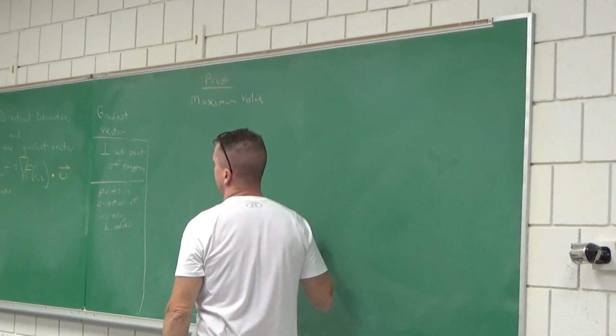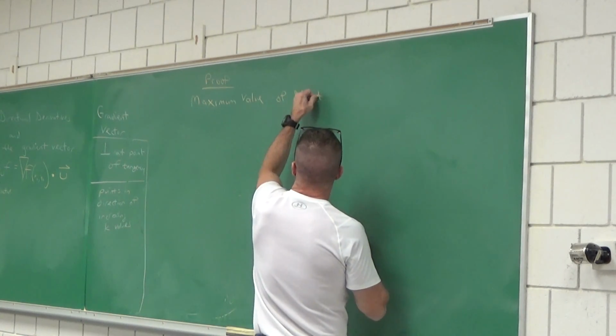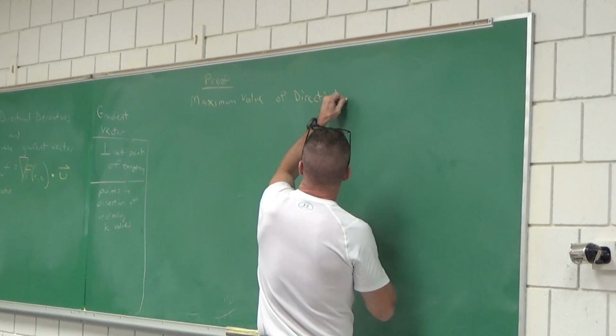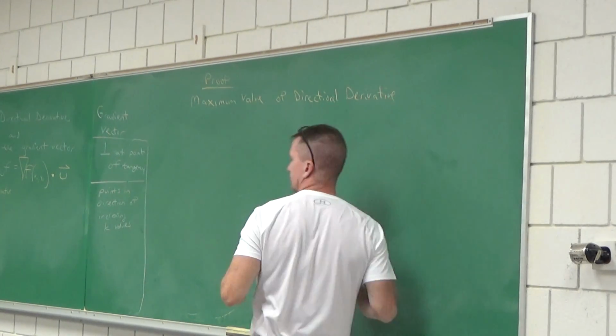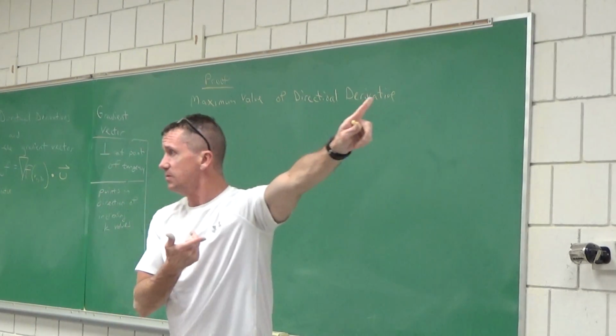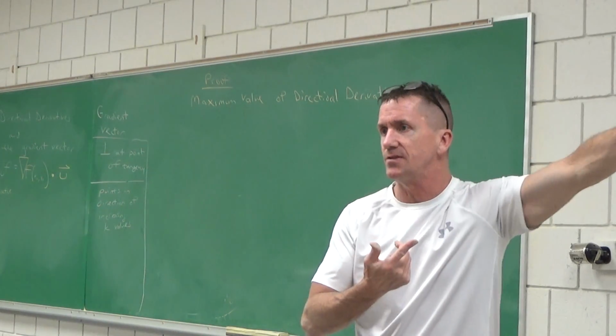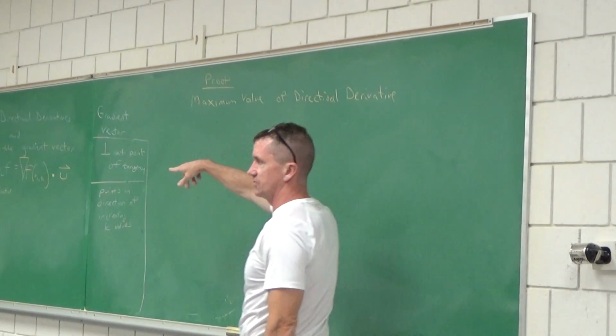What would be the maximum value of the directional derivative? That would be the maximum rate of change, the maximum slope, if you imagine me swinging it around in all different directions at that point. What would give me the maximum value of this directional derivative?